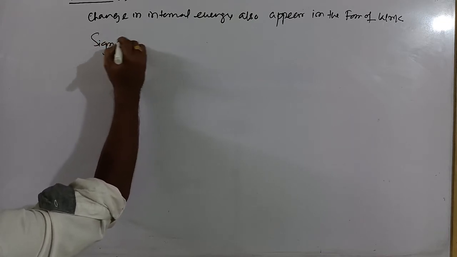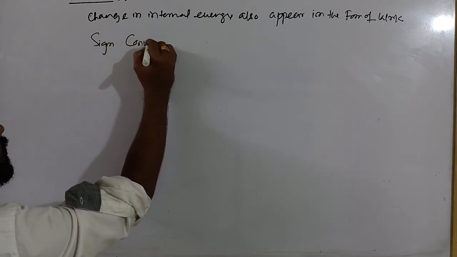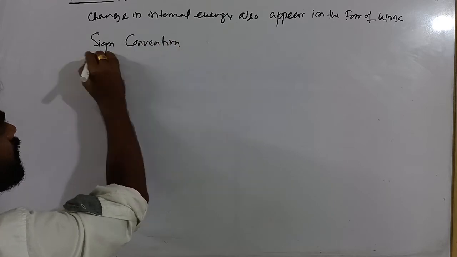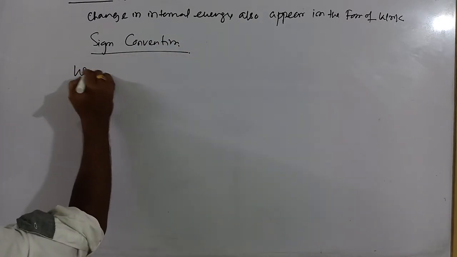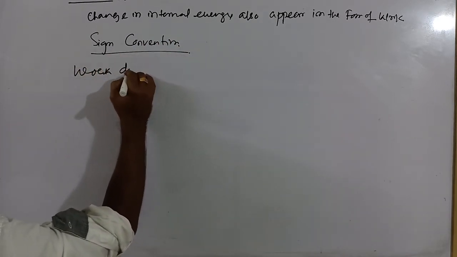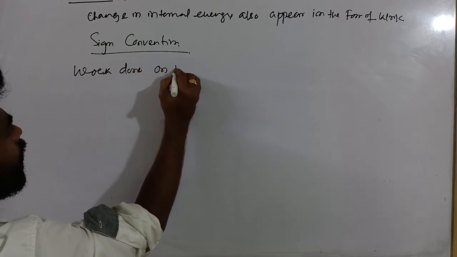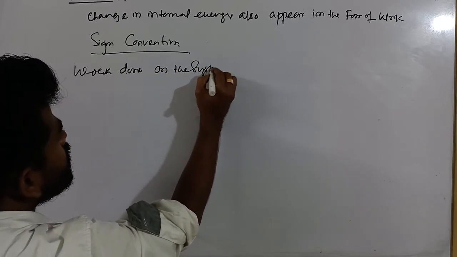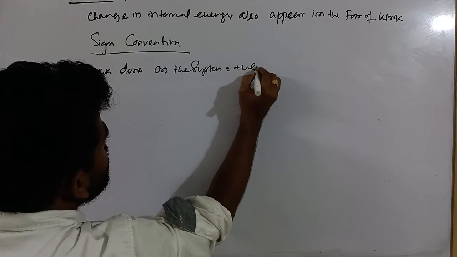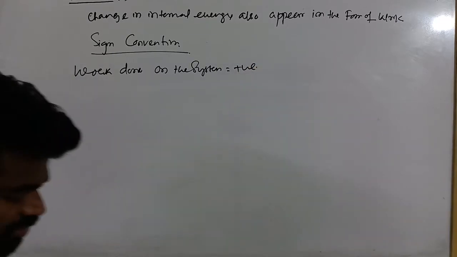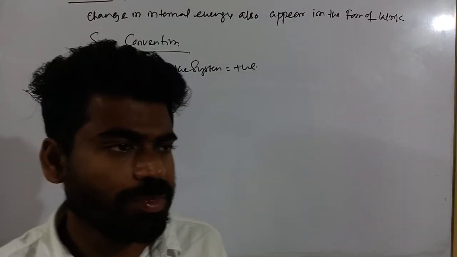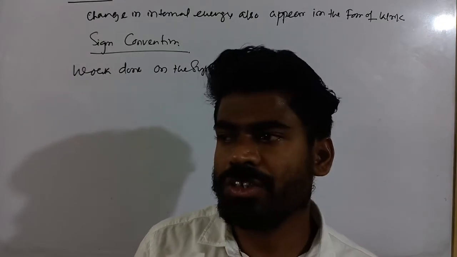I am saying sign convention, work done on the system is assigned by positive sign. Work done on the system means, suppose you are a system and I am supplying you energy.